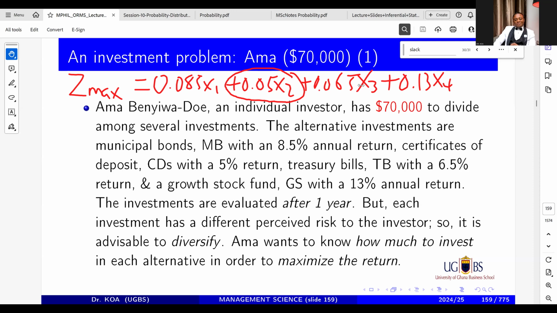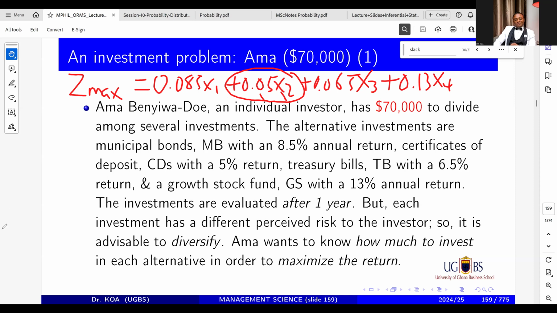It is the total annual return obtained from just the certificate of deposit. That is what I've circled. That return is obtainable by multiplying the interest rate by the amount invested in certificate of deposit. Note what you are doing. And you can say the same thing for the others. That is why the whole of this is the total investment return.